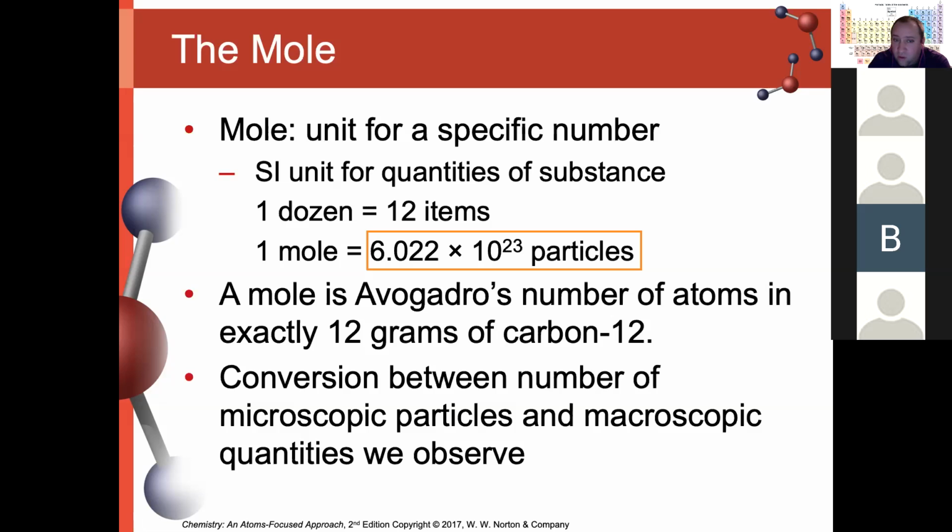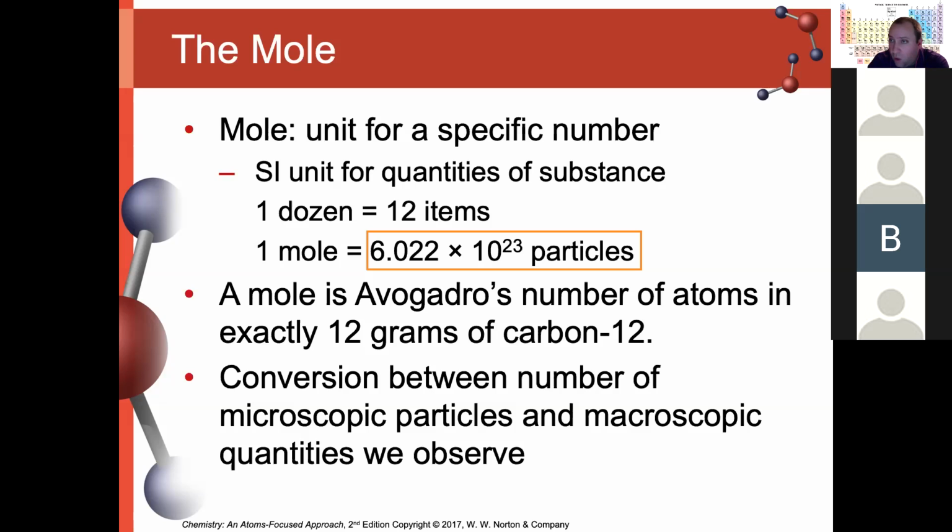And so the definition for the mole and the definition for AMU have the same origin. That is, it is that many atoms in exactly 12 grams of carbon-12. Remember, our AMU was defined by 12 AMUs of carbon-12 being the definition for a molecule. Well, now 12 grams of carbon-12 is the definition for a mole.